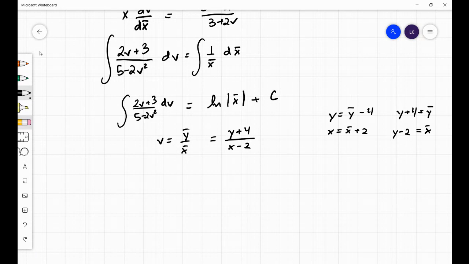So that was shift to homogeneous. The next example would be the example of the y equals z to the alpha substitution.